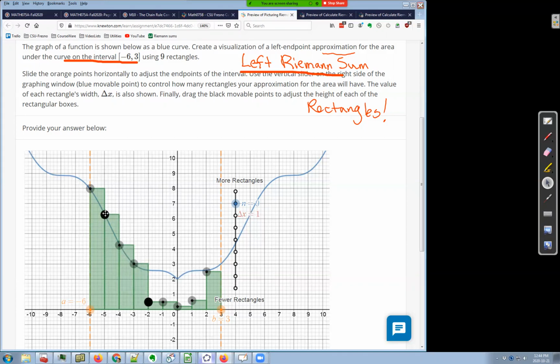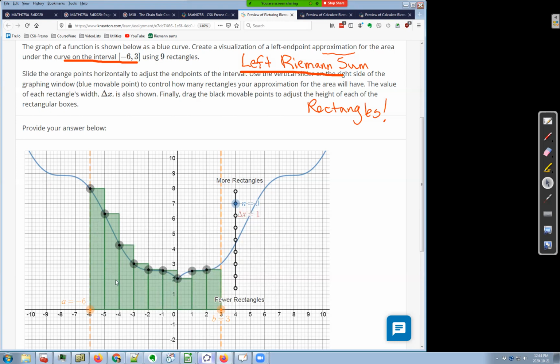You might say, Travis, it doesn't look like you got exactly on the curve there. Well, I think the computer gives you some wiggle room. When I press enter, I think the computer will be generous when it looks up my answer. So all I'm doing is dragging all of these left-hand endpoints up to where they hit the graph.